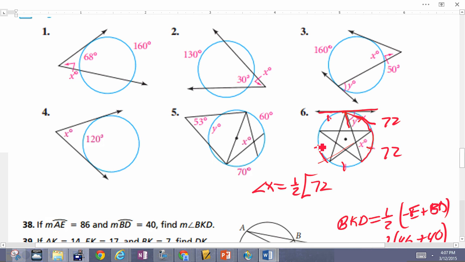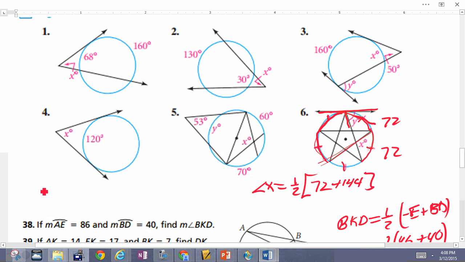A 72-degree sweep here and another 72-degree sweep here. So you need to trace that out, see where the verticals of X meet up. They meet up with an arc that spans two arcs of 72, so it's 144. Okay, so you can finish that off. It's not that complicated. These over here, hopefully you can figure this out.